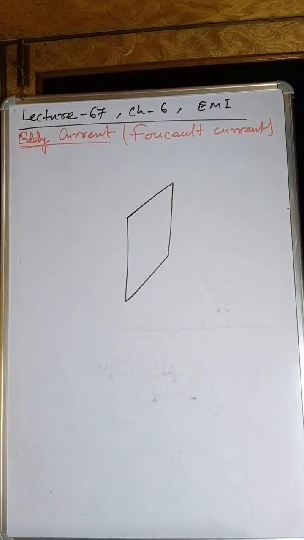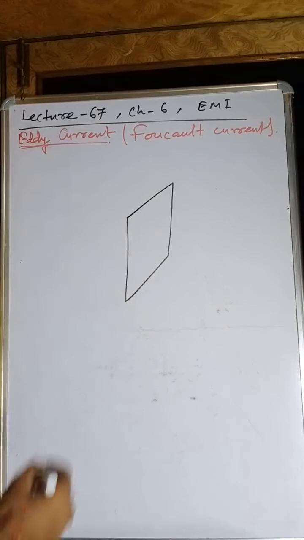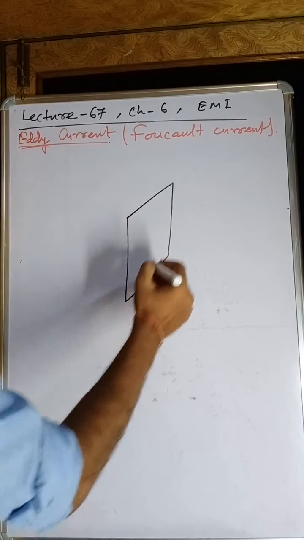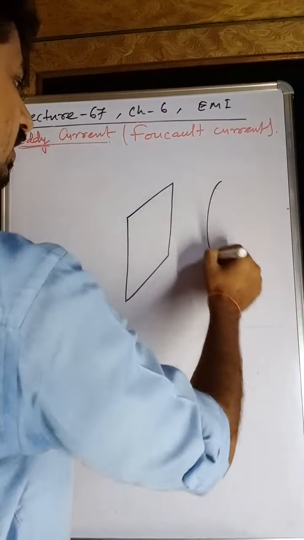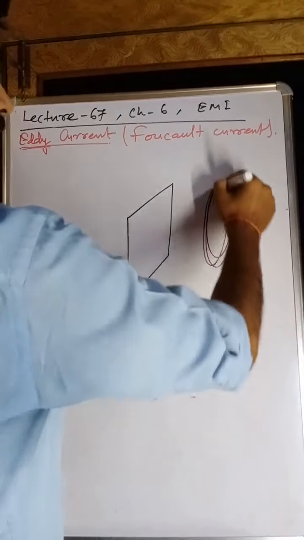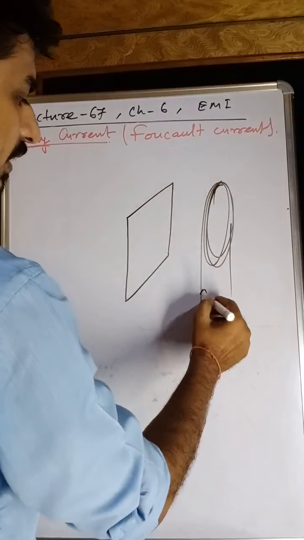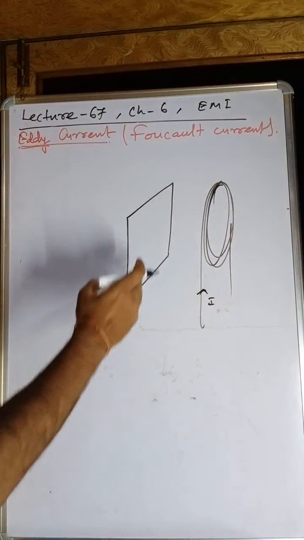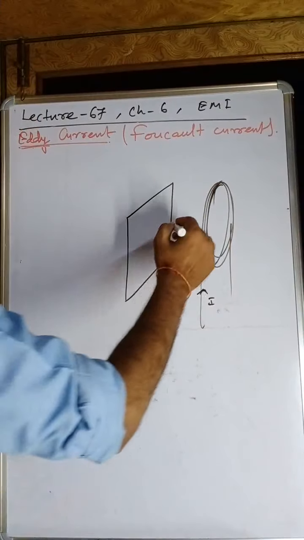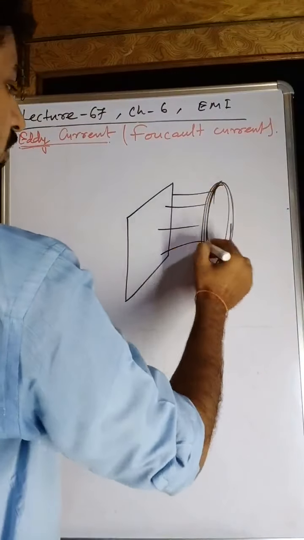I'm sorry, the disturbance was there due to the fan. I have switched it off now. Here, suppose there is a magnetic field, if you made a coil, an electric coil, with current, and the current is changing, then due to the change in current, the magnetic field through this plate is changing.